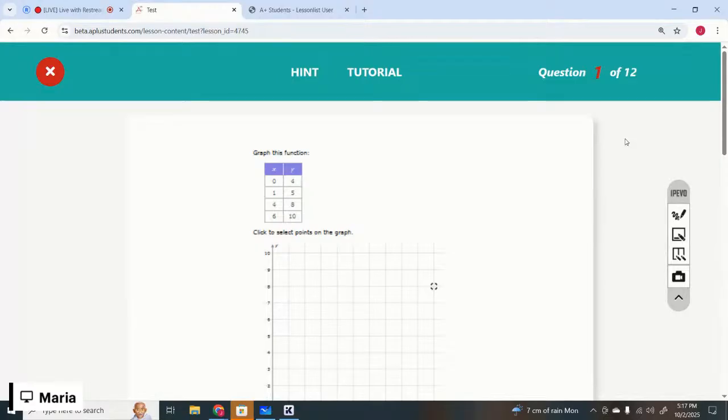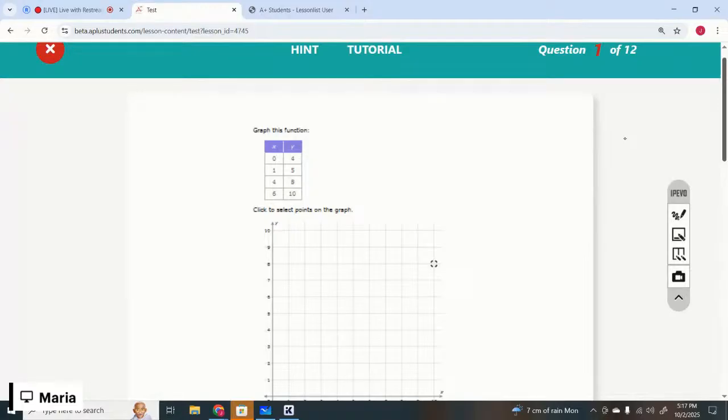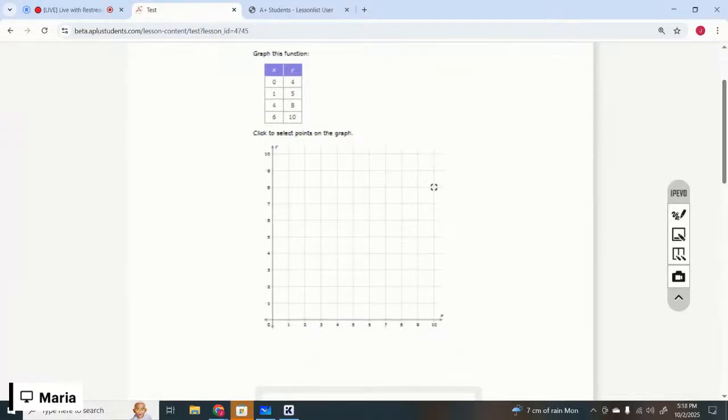Graph this function. The values are 0 and 4, 1 and 5, 4 and 8, 6 and 10. These are the values of x and y. You need to plot them on the graph. X is 0, y is 4.